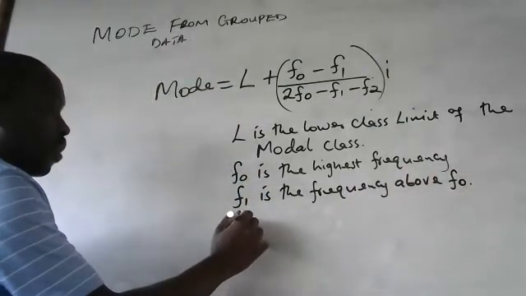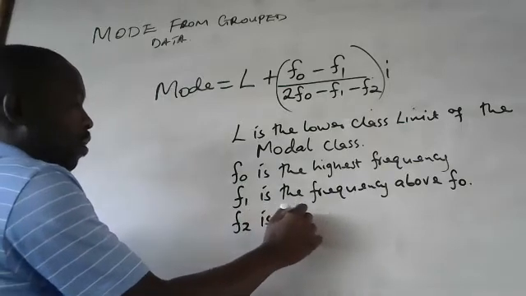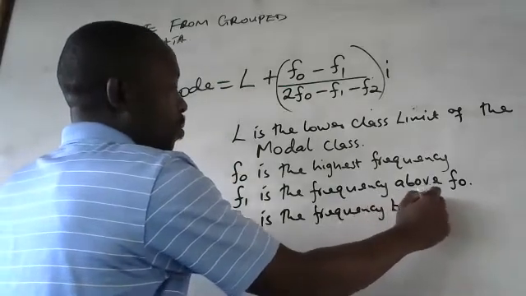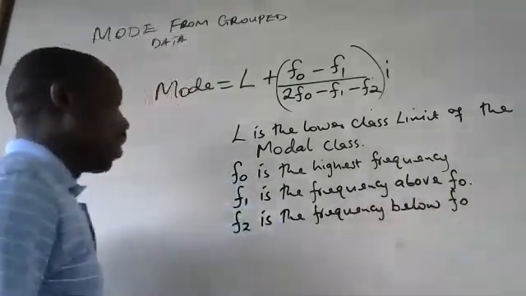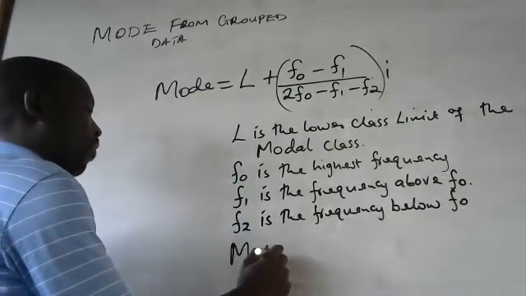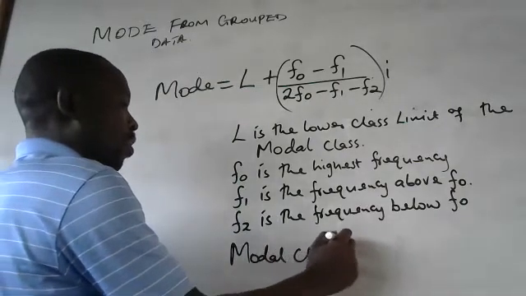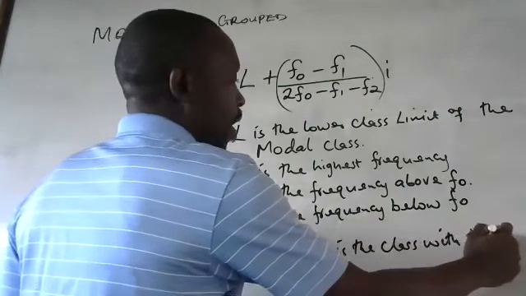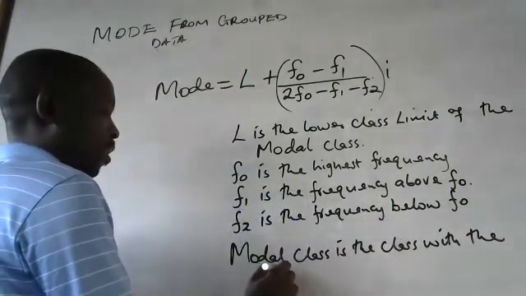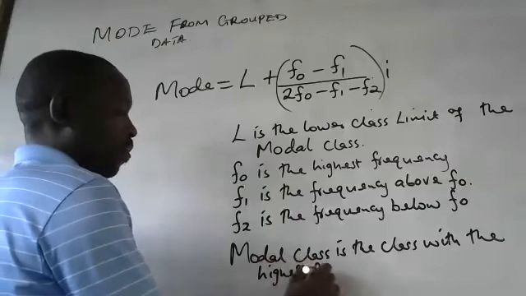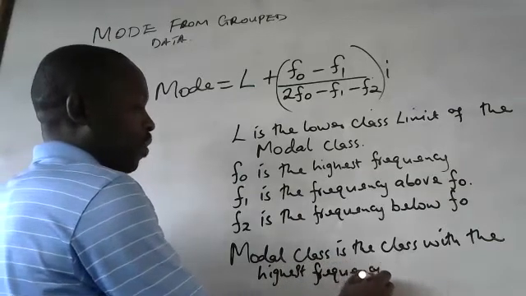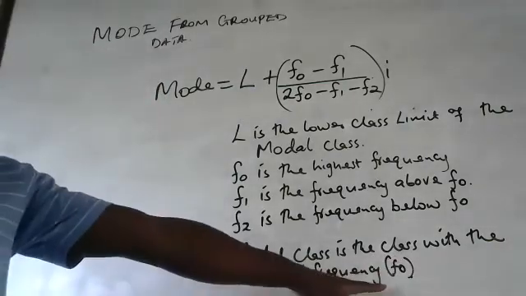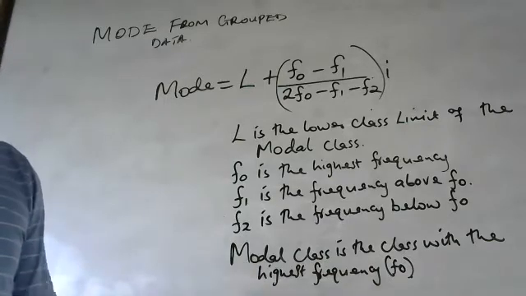F2 is the frequency below F0. And then the model class is the class with the highest frequency. And the highest frequency, remember, it is F0. The class where F0 belongs is going to be the model class.